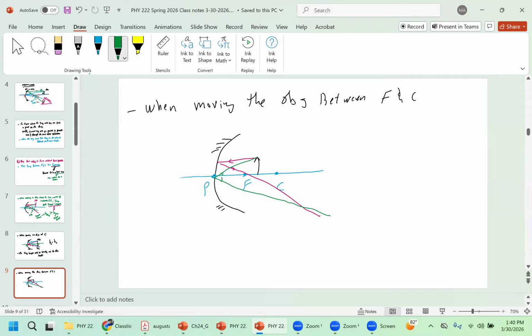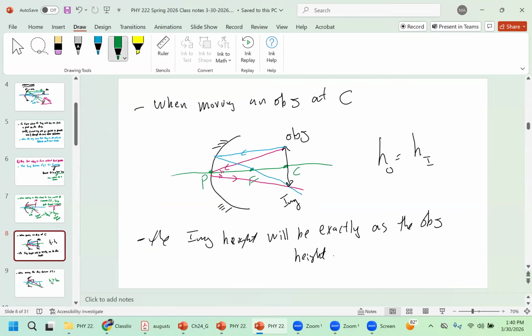Again, I'm trying to get both angles to be really steep. And what you notice is you're gonna get an image on here. Again, inverted because it's a real image. Now, your height of the image will be bigger than the height of the object.